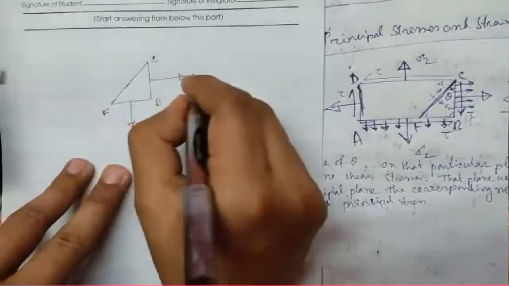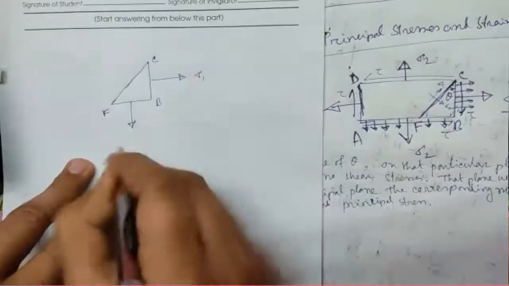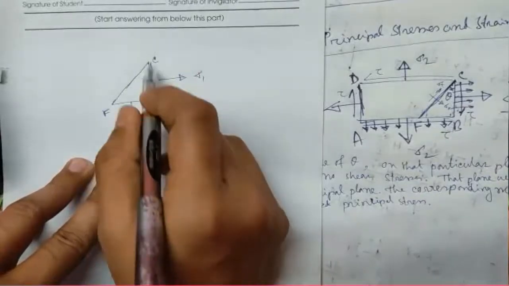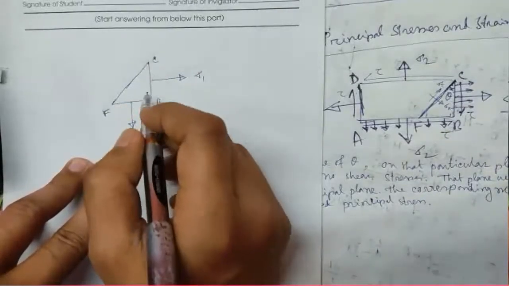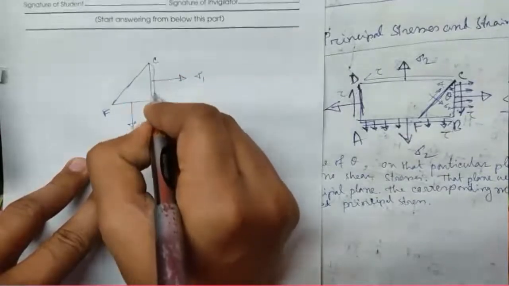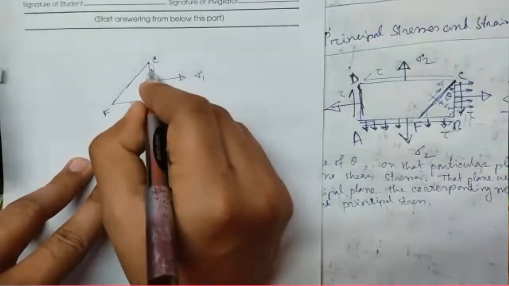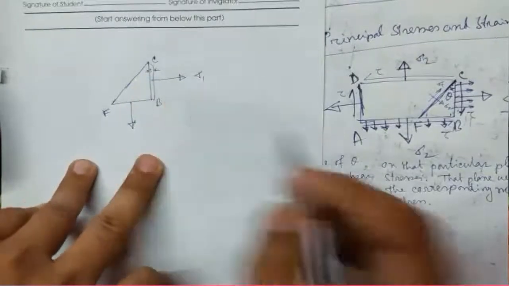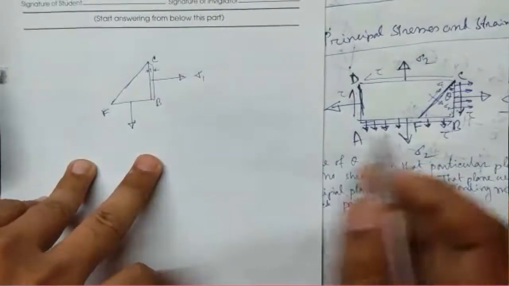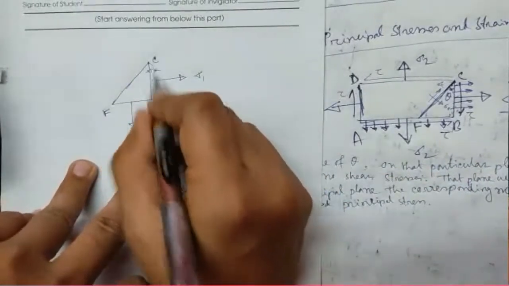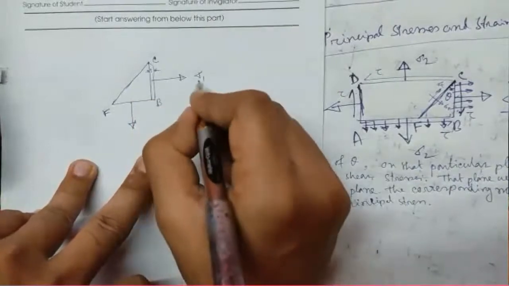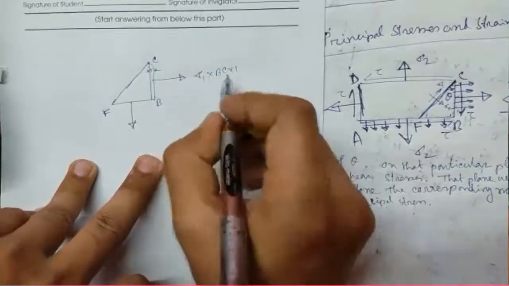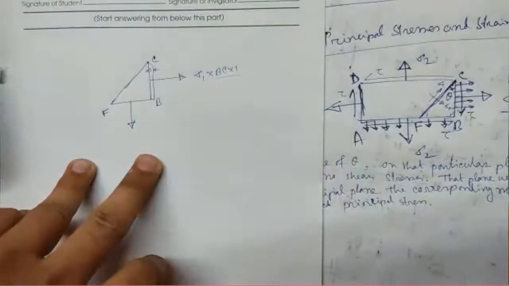Okay, the stress here is sigma 1, and the area of this cross section is side BC into thickness 1. This thickness was taken as unit, as discussed in the previous class. So we are taking this cross section of unit thickness. In such a case, the area is BC into 1 and the load will be sigma 1 into BC into 1, stress into cross-section area.